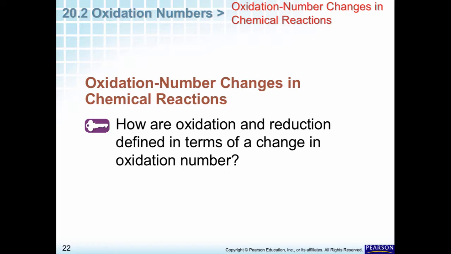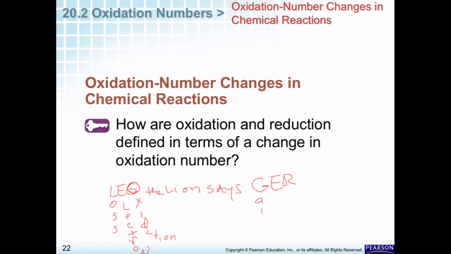Okay, this is where we're going to have something called LEO the lion says GER. LEO: loss of electrons is oxidation, GER: gain of electrons is reduction.